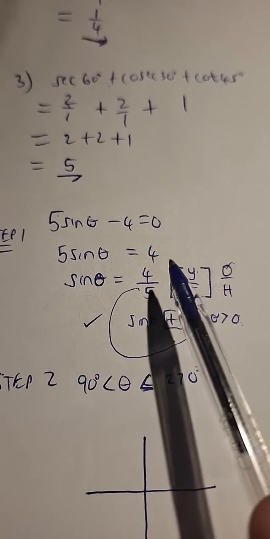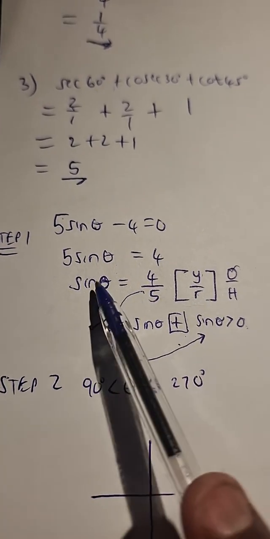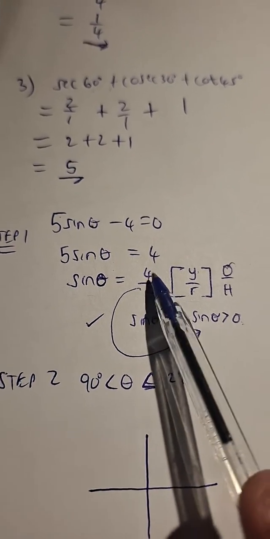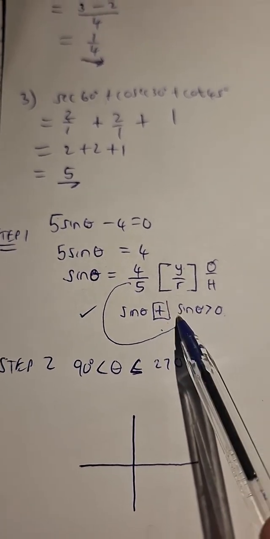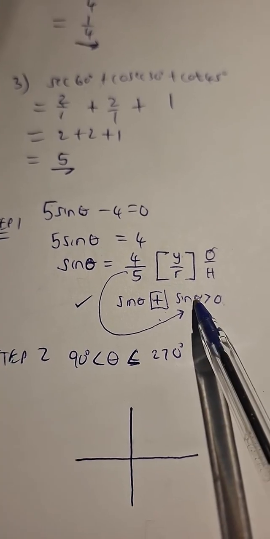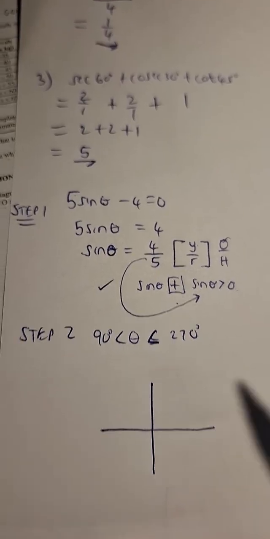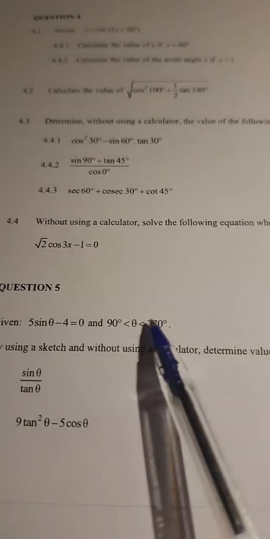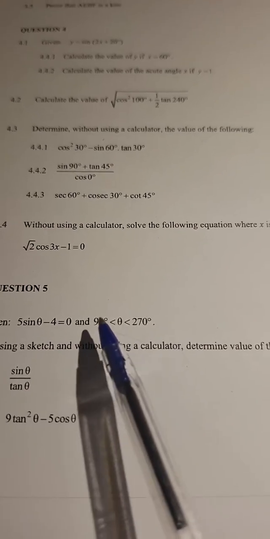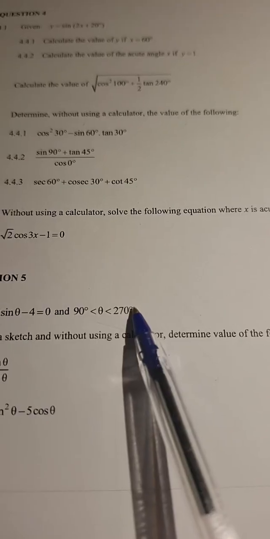Obviously, 4 over 5 is the positive number. That means sine is what? Is positive because of this positive number. So we can conclude and say sine is positive. Okay? Or sine theta is greater than 0 because of this 4 over 5. Step 2, we take the second part, which is theta lies between 90 and 270. Okay? Alright?